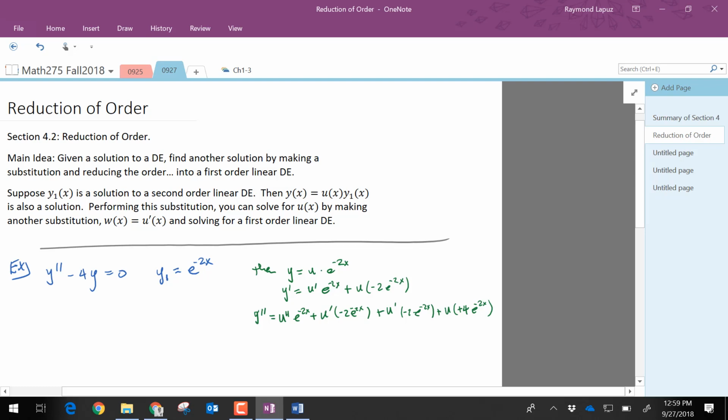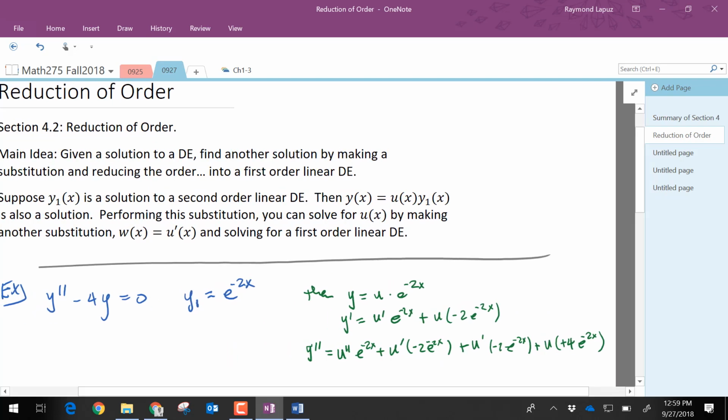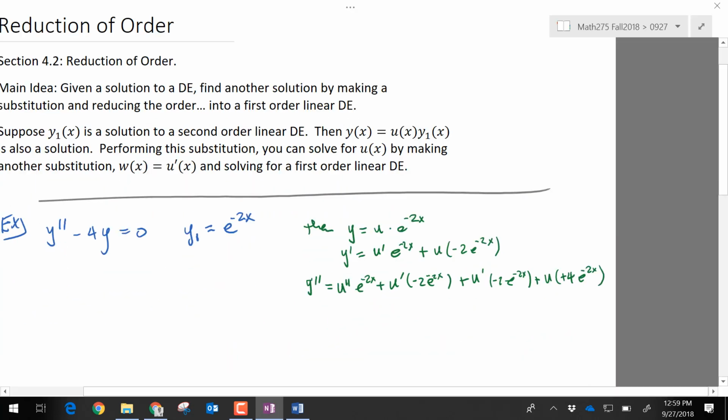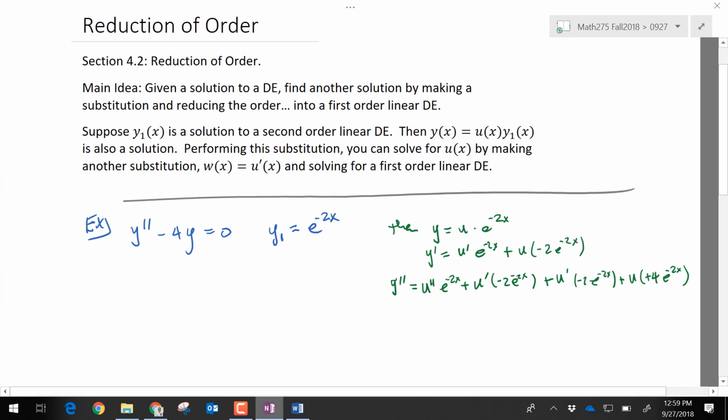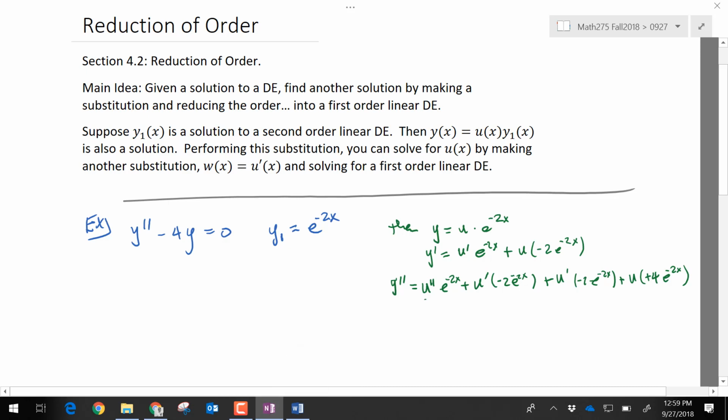It's probably worth simplifying this a little bit before we put it back into our differential equation. So let's see. This is a u double prime e to the minus 2x.